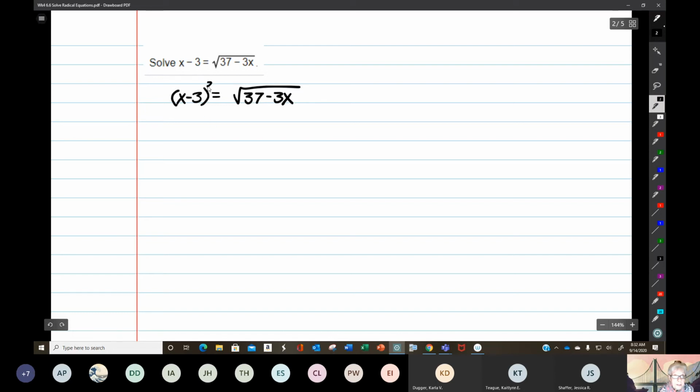I'm going to square the left side, and I'm going to square the right side. That'll give me 37 minus 3x. And over here, I'll have x minus 3. See, these are all pretty much alike.